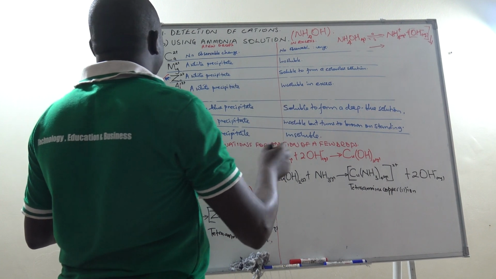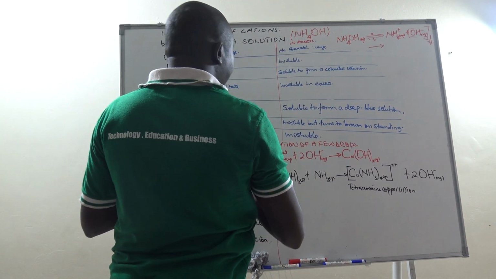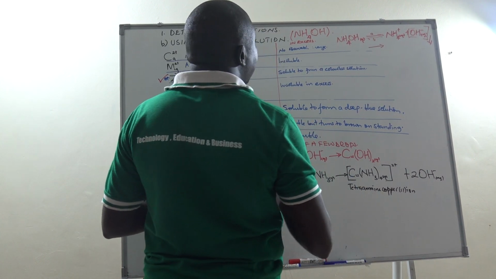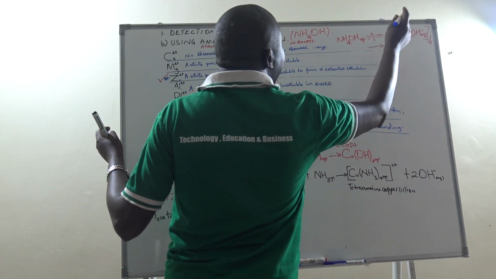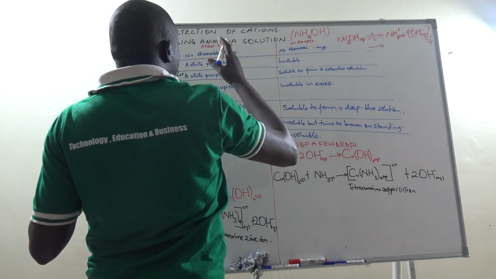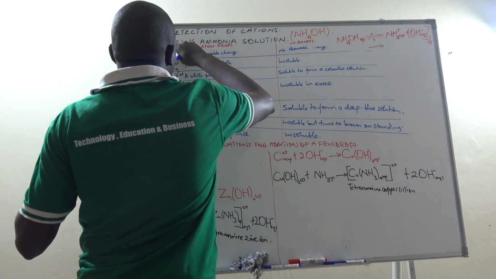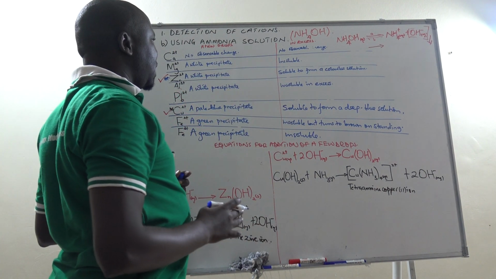And I was very clear that calcium ion does not form any precipitate because in this case the calcium ion gets hydroxide ions from ammonium hydroxide, which is the ammonia solution, but it is not sufficient to form an intense calcium hydroxide. So we get just a little hydroxide ion that combines with the calcium ion and form a solution of calcium hydroxide, not a precipitate.